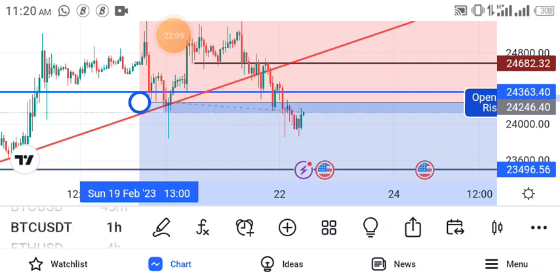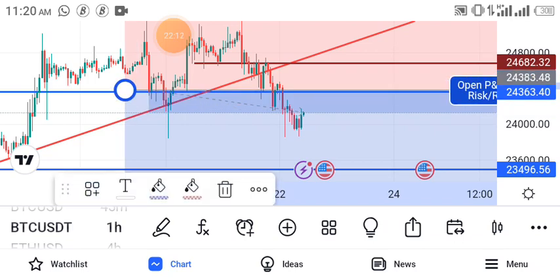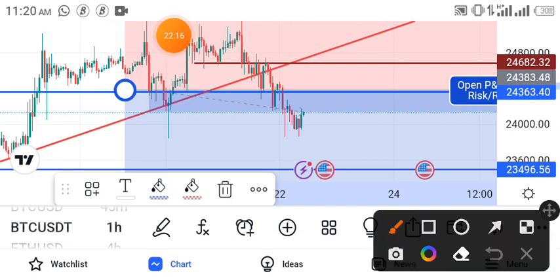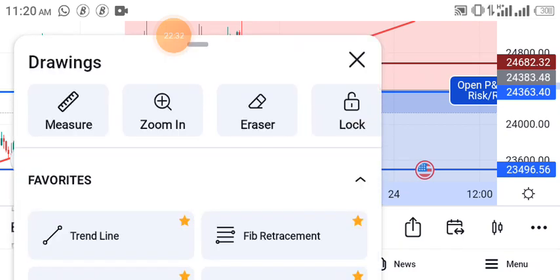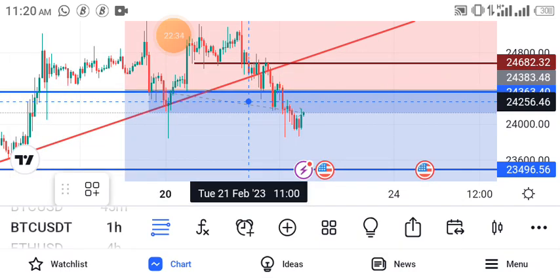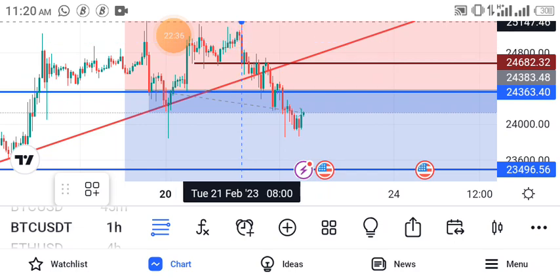I have missed the entry already, so I'll be selling here, this area. And then I move. That area there. Let me draw my Fibonacci retracement to see. So draw from here to here.